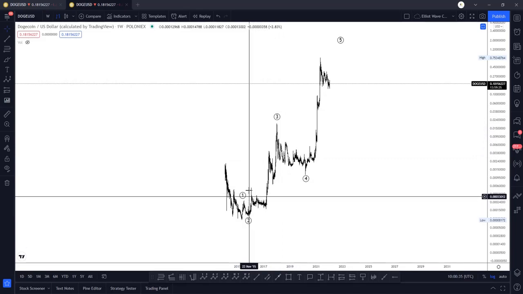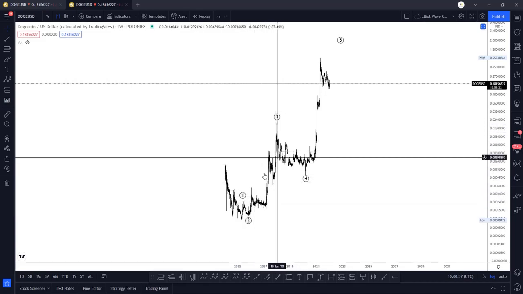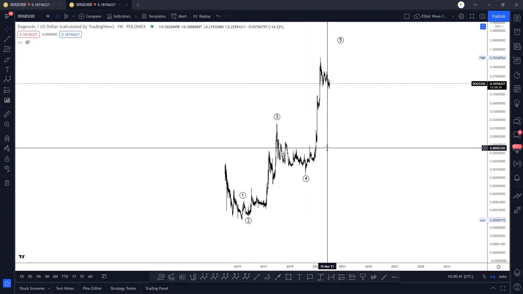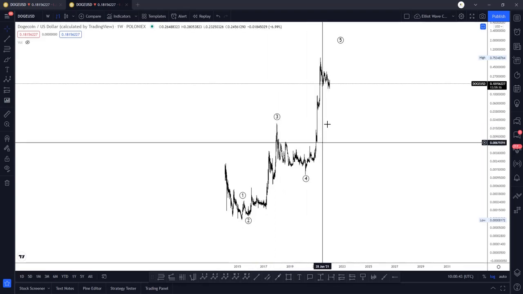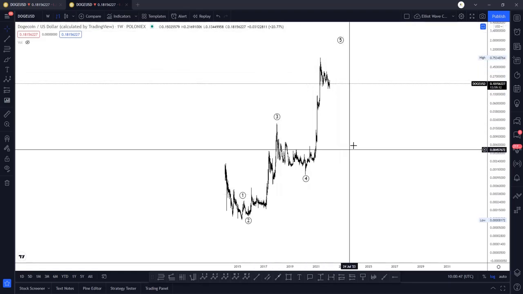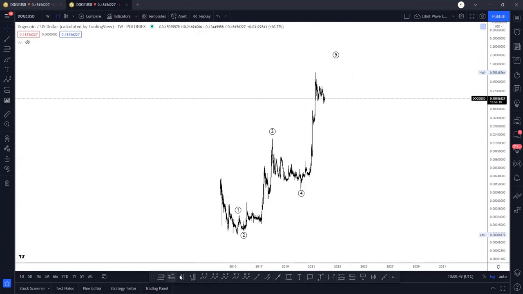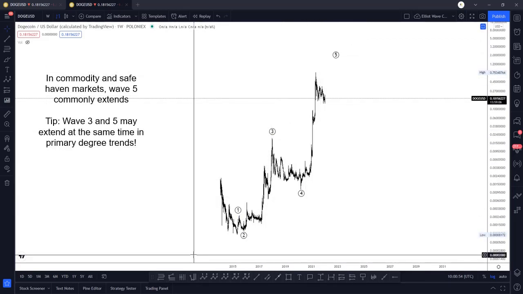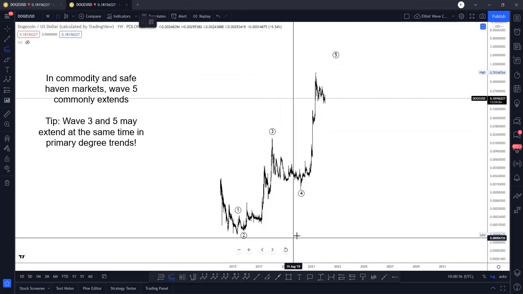So as we can see, we see a 1, 2, 3, 4, 5 within wave 3. However, what's most important here is that the current wave, wave 5, is currently longer than wave 3. So wave 5 is most likely also extending. So we're seeing a wave 3 and wave 5 extension wave in progress.